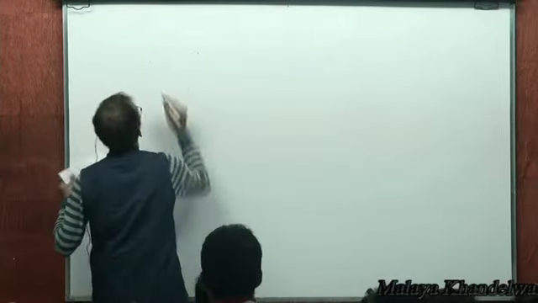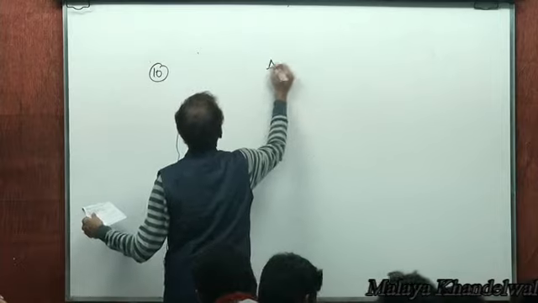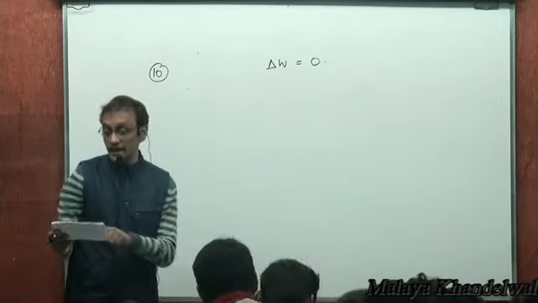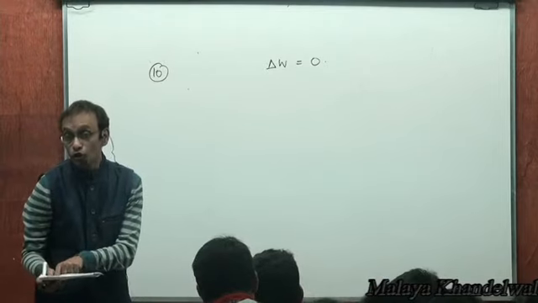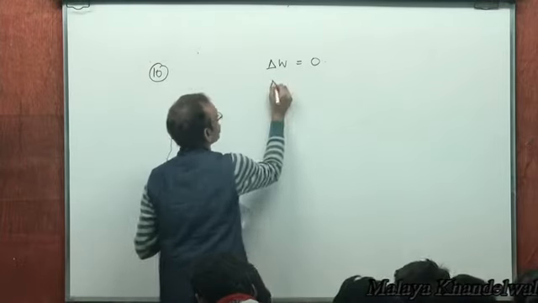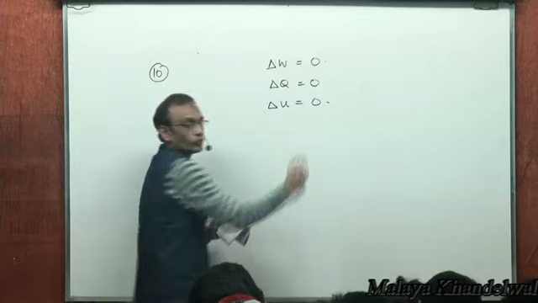So in the next problem, problem 10, we are talking of free expansion. Delta W would be 0, and the entire thing is taking place in an insulated surroundings, so no heat exchange. So delta Q is 0, so delta U will be 0.